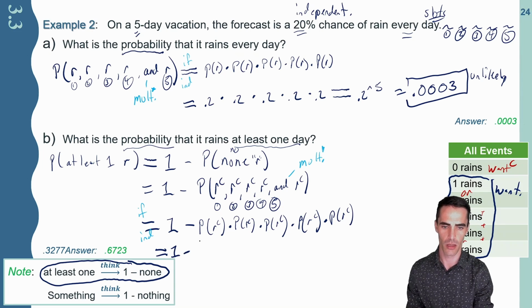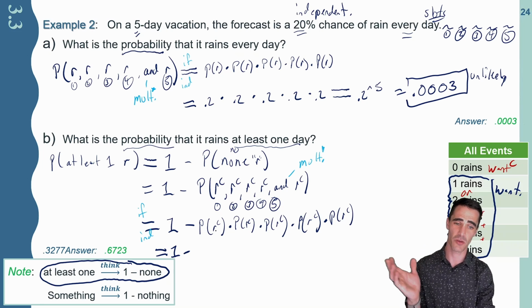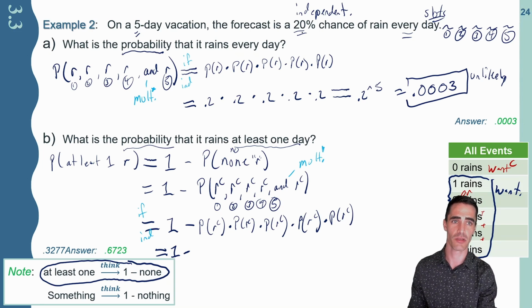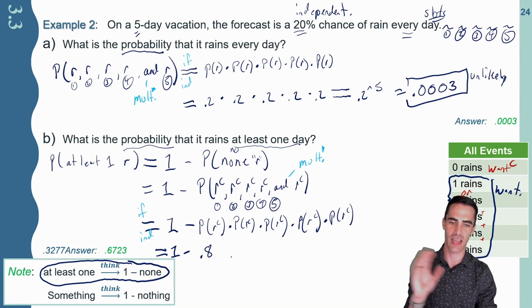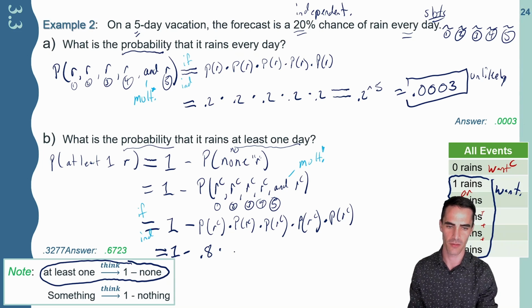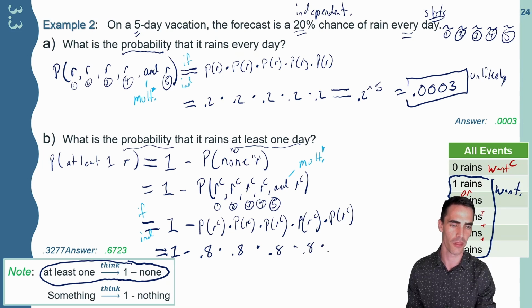That should be 1 minus, again, the probability it doesn't rain is 1 minus this 20%, and so we'll get our 80%. 0.8, there's an 80% chance that it's not going to rain on the first day, times 0.8 for the second day, times 0.8 for the third, times 0.8 for the fourth, times 0.8 for the fifth. Whew!